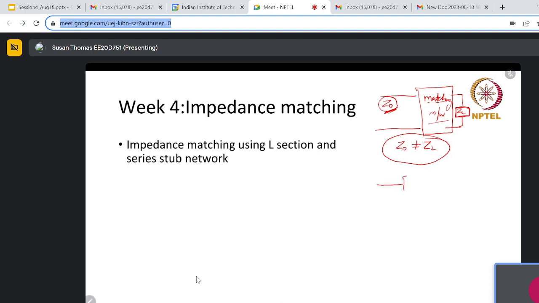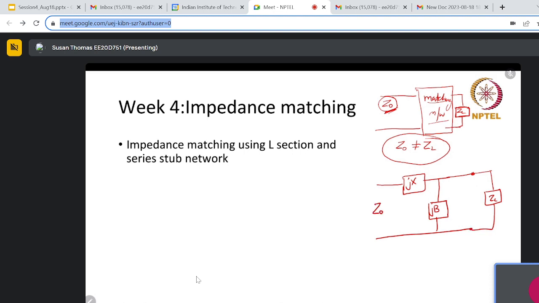You have something like this: jX, jB. This could be called an L section network, which is a matching network that is going to match this load ZL to Z naught.